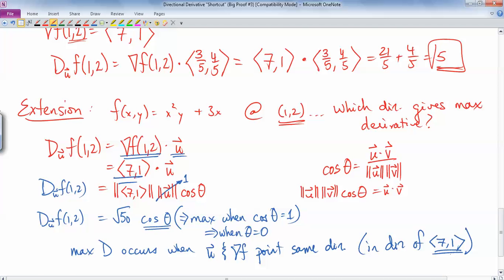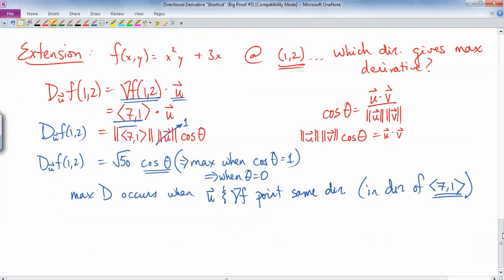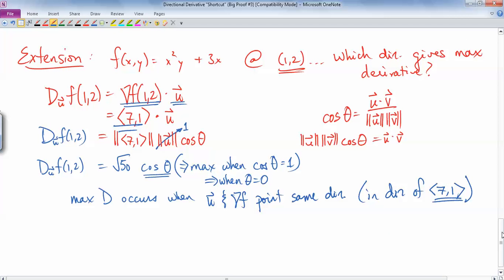And that's true in general. If I give you any function and I ask which direction at some point gives you the steepest slope, it's always the direction of the gradient vector at that point, because you always want to max out the cos theta part.